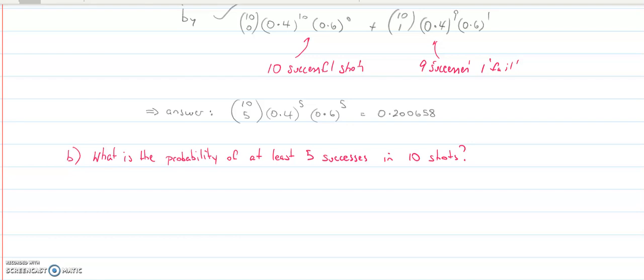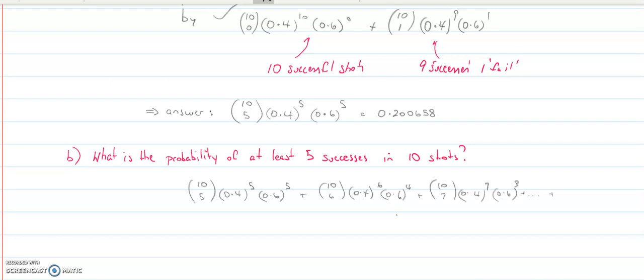So this is asking for what I just got, 5 successes, which is this, by 0.6 to the power of 5, plus 6 successes, 0.4 to the power of 6 by 0.6 to the power of 4, because that's 4 fails, plus 7 successes, you get the idea, 0.6 to the power of 3.